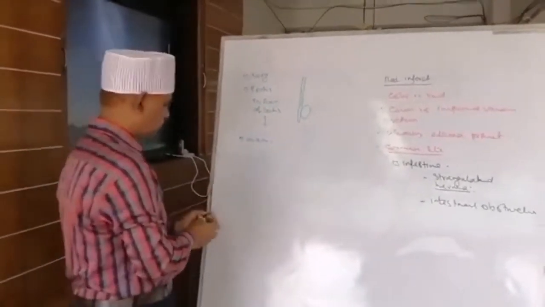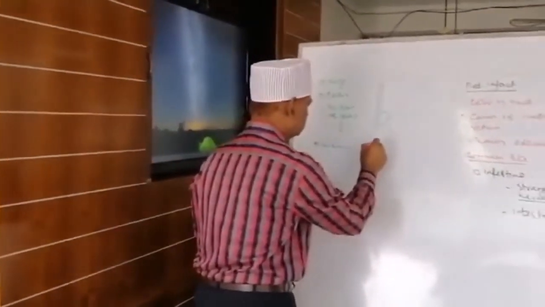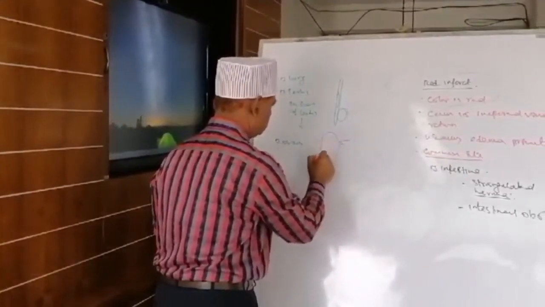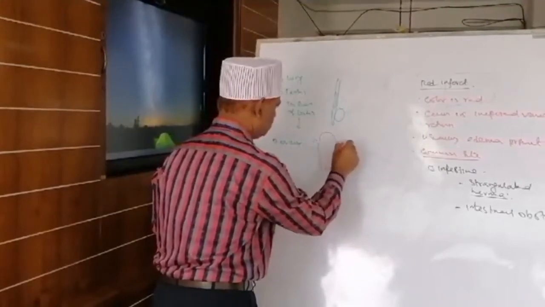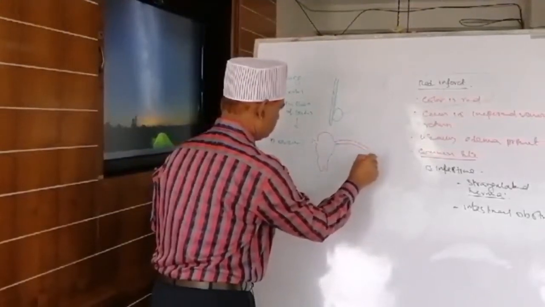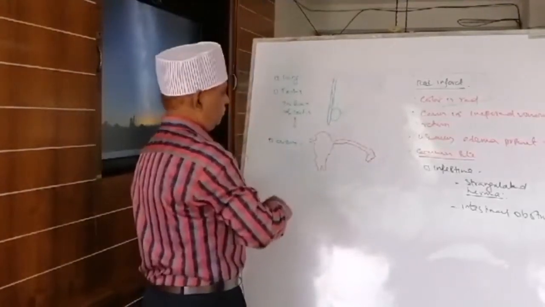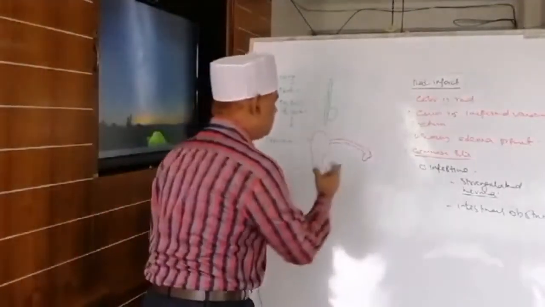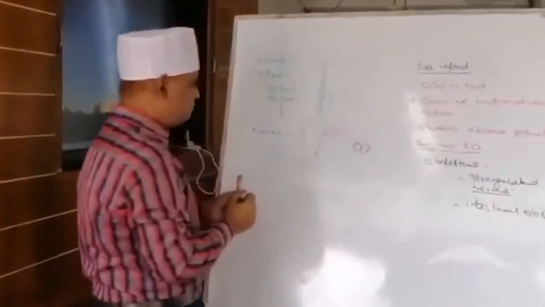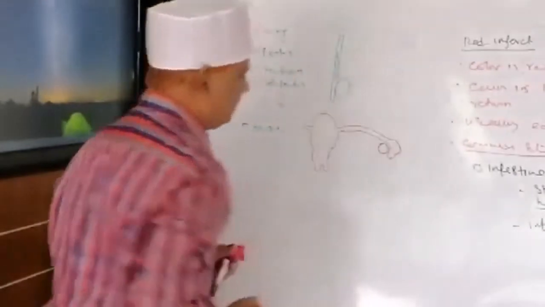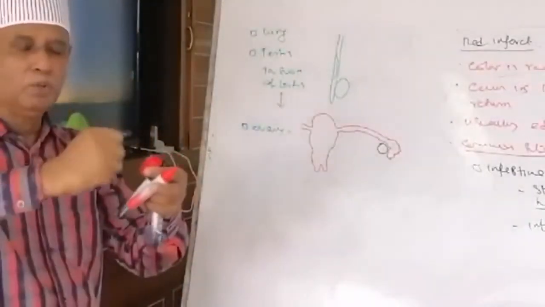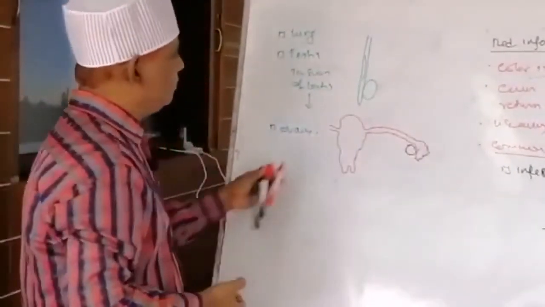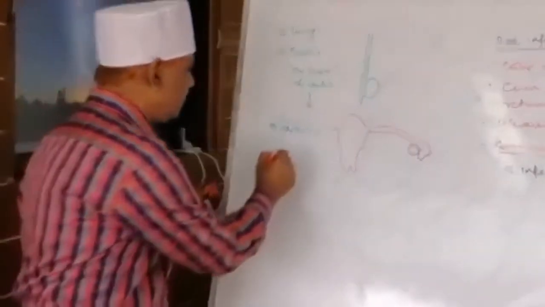Ovary. Dear audience, if the ovary undergoes twisting at the fimbriated end of the fallopian tube, there will be impairment of venous return and the ovary undergoes red infarct.